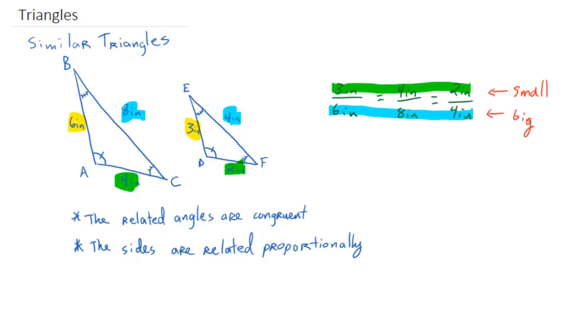So when you're setting up these ratios, you have to be consistent. The small needs to be on top, the big needs to be on bottom. Or you can put all big on top and all small on bottom, but you can't crisscross them. That's going to be important when you're setting up the ratios yourself, otherwise we wouldn't have a half all the way across here. We'd have a half equals 2, and that's not true.